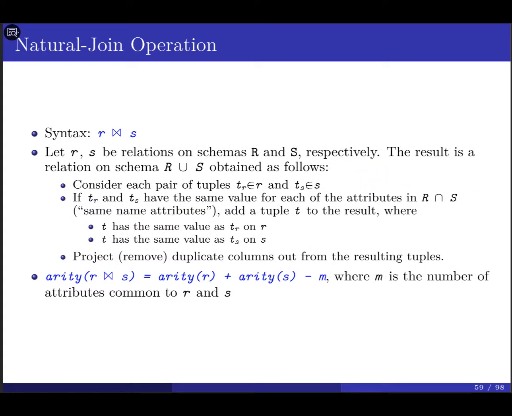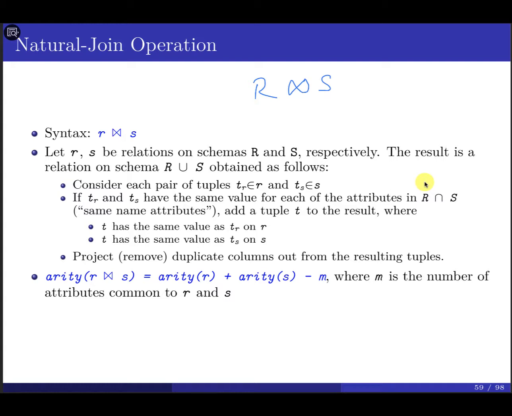What does the natural join do? We have two relations, R natural join S. In this case, I'm going to generate a relation that contains all the tuples that are a combination of two tuples, as in the Cartesian product, but one from each relation with common values for one or more attributes.